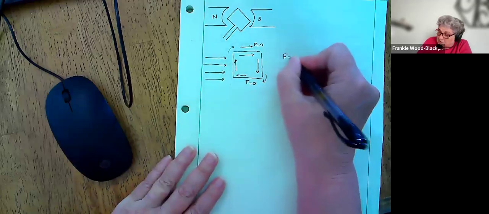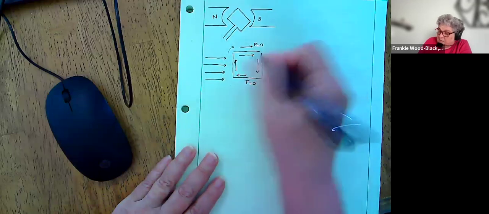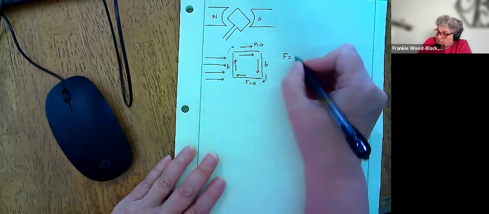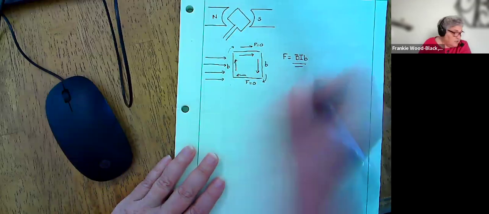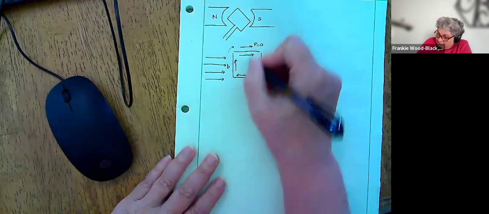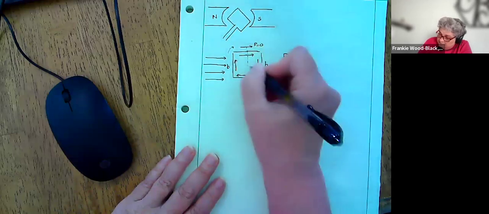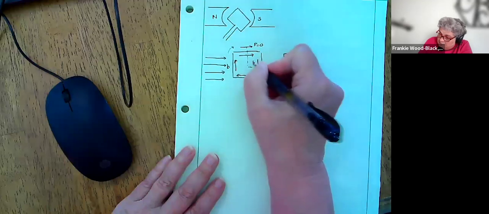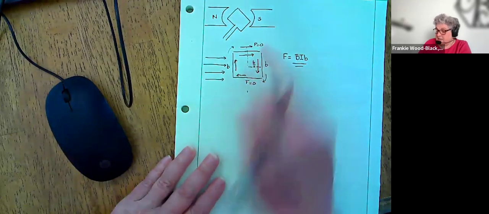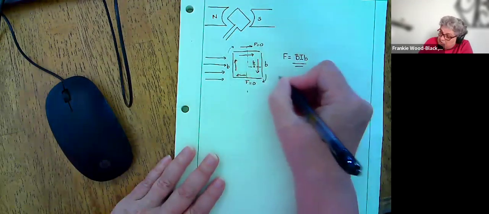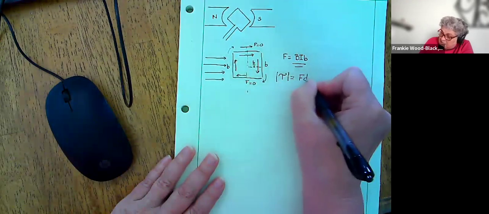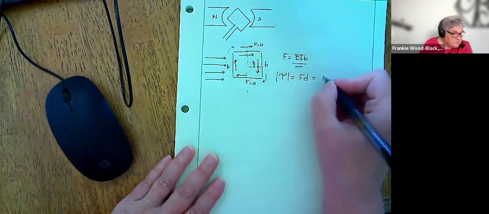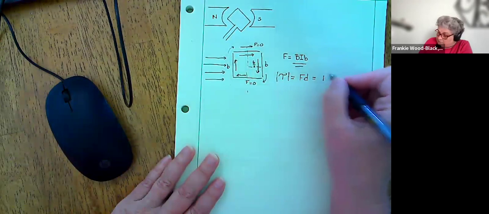The magnitude of those forces for both of these, if the length of my side is B, is the force equals the magnetic field times the current times B. If I have an axis of rotation, at a distance of B divided by 2, remember, the magnitude of the torque is going to equal my force times my distance, which is B over 2.